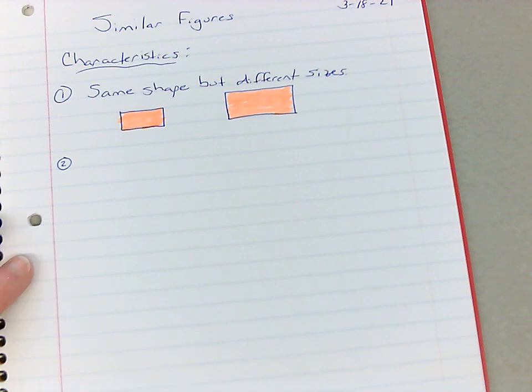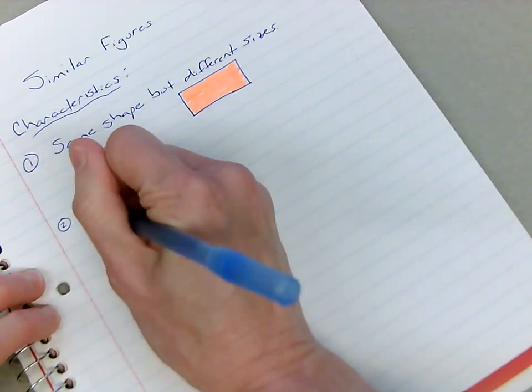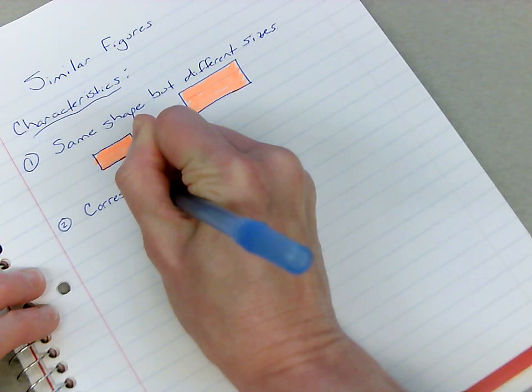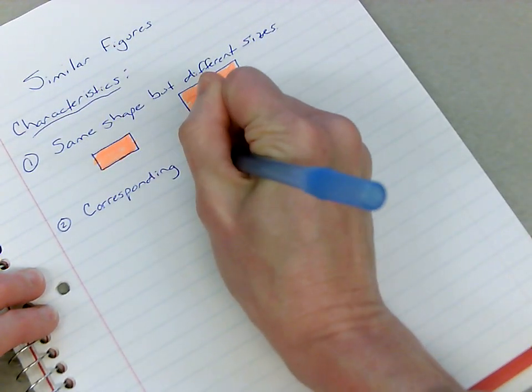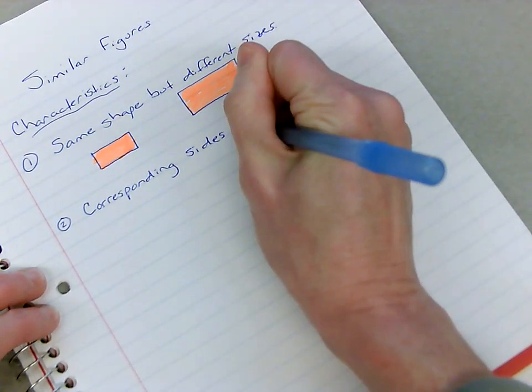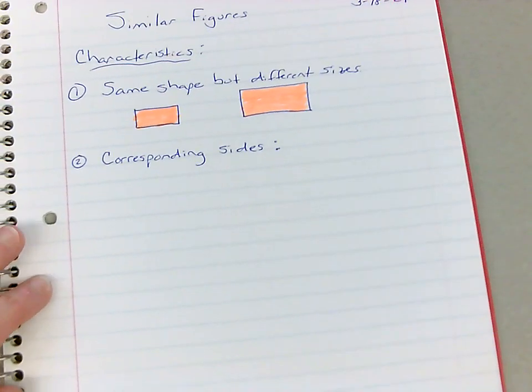So the second characteristic, your similar figures have corresponding sides. Corresponding sides. Now there's going to be a few things I need to talk about with that.